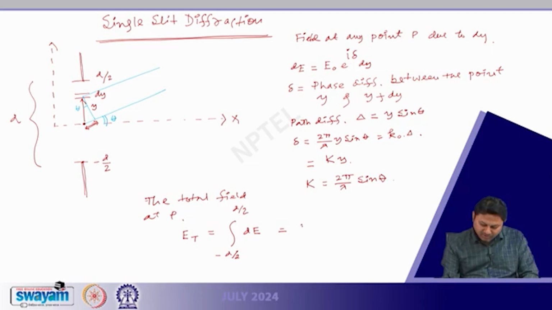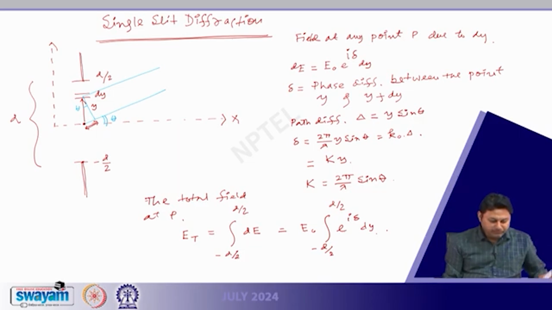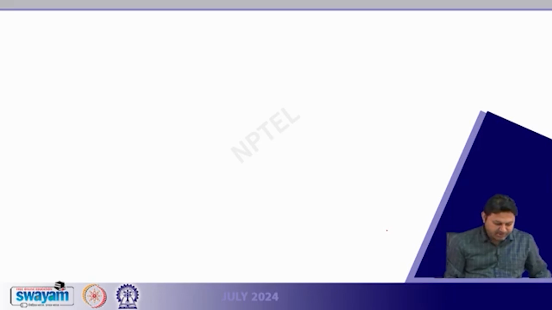So, this is E naught, then integration from minus d by 2 to d by 2, that is the limit, and then e to the power of i delta, and then we have dy. Note that inside the delta I have y, delta is Ky. So, let me do this integration here.